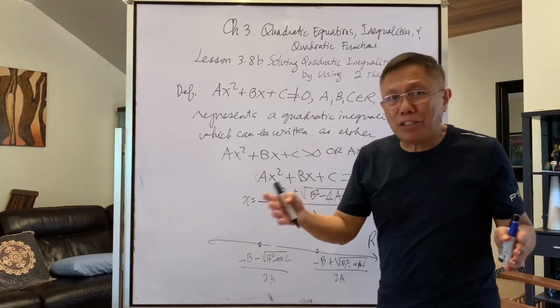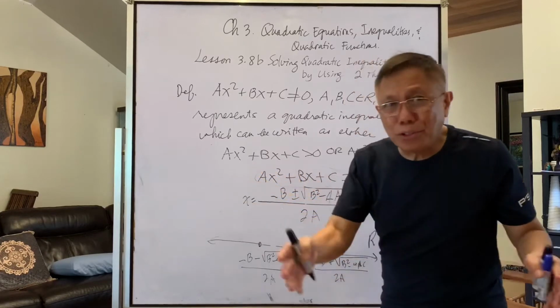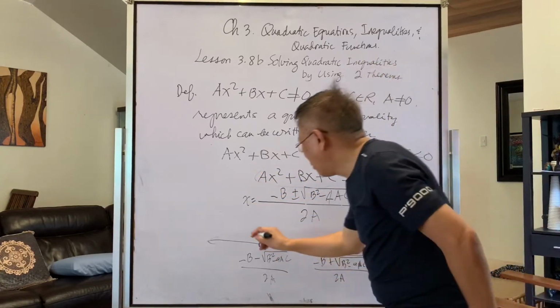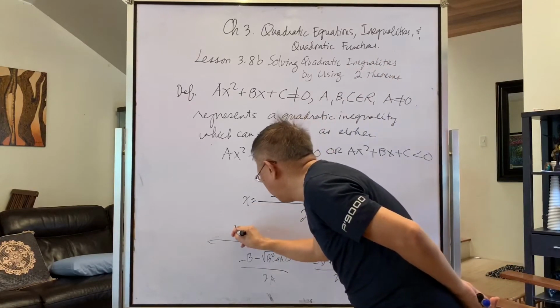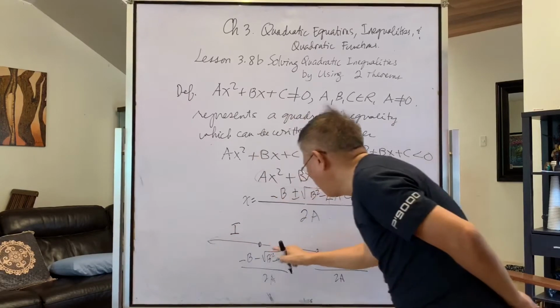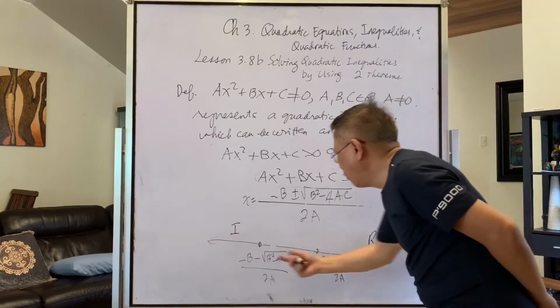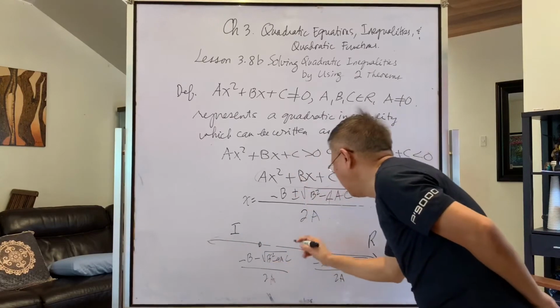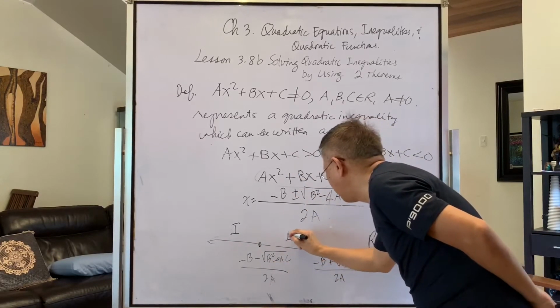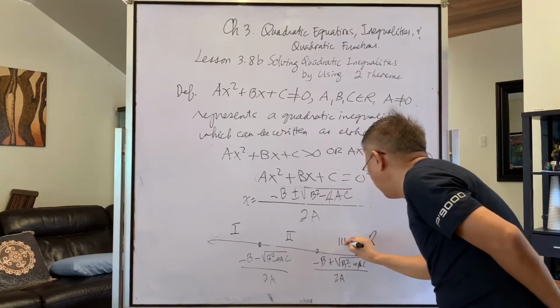If I ask you to find those solution sets, we are considering looking at three regions where these roots here have divided the number line. First, this is region 1. Second, we have here region 2. And third, we have region 3.